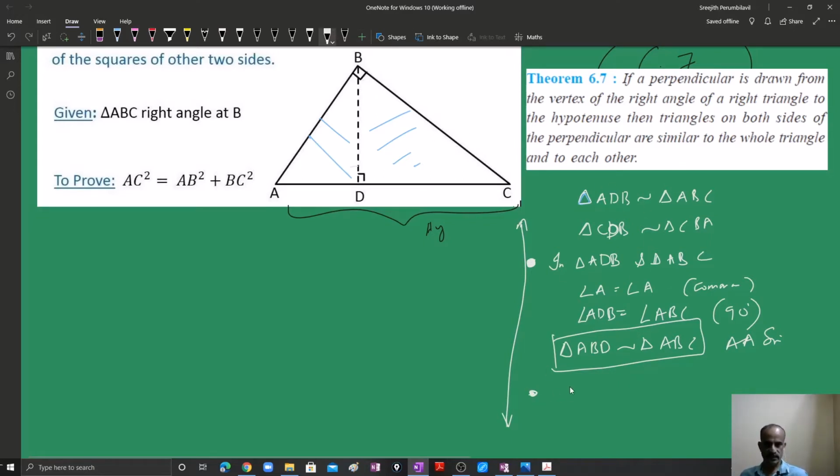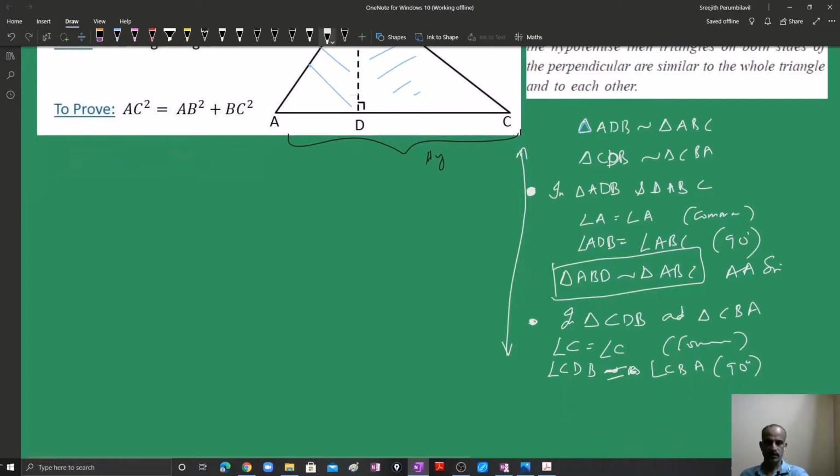Let us take the next triangle. In triangle CDB and triangle CBA, we know something is common. What is common? Angle C is equal to angle C, common. Is there any right angle? Yes. Angle CDB is equal to angle CBA, 90 degrees.